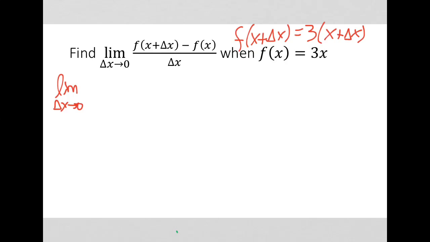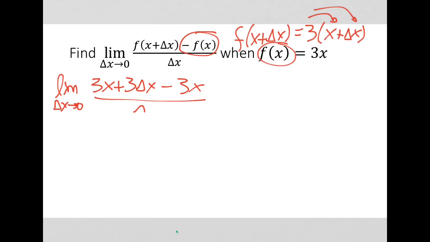And so, if I write this limit, I'm going to get 3x plus 3 delta x. Notice I distributed that 3 to both terms. Now I want to subtract my f of x function, so I'm going to subtract 3x, and that's all over delta x. Well, notice what happens.